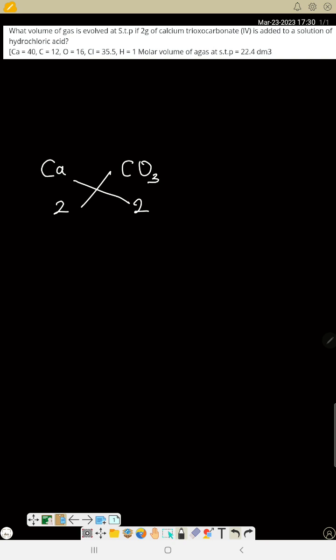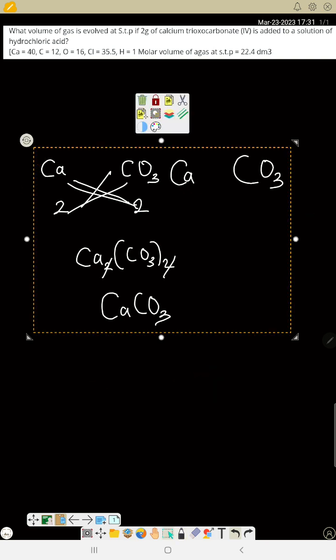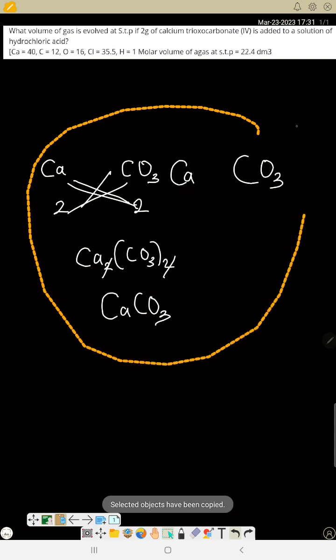So if you do your crisscross, this is Ca2 CO3 2, but the subscripts are the same, so the 2 will cancel out. It remains CaCO3. So this is calcium carbonate, because CO3 is carbonate and Ca is calcium. That is CaCO3.